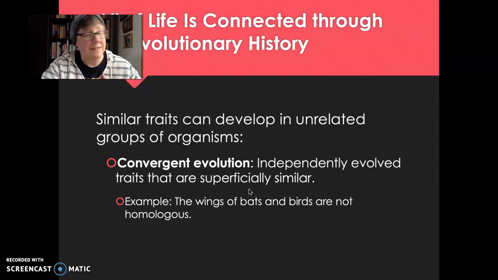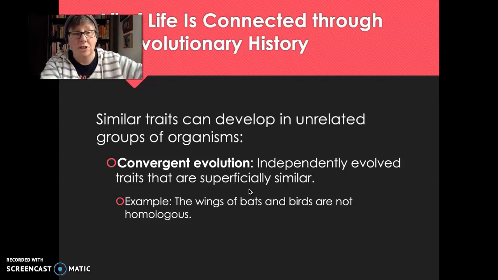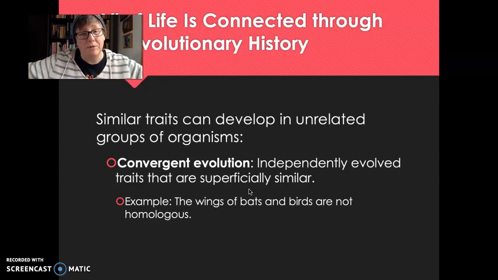That's almost always the case, but every once in a while, this group over here develops the ability to glide, to have extra skin under its arm to glide. And then this other unrelated group over here evolves the same thing because it makes sense for their environment. It increases their fitness. And so we get these two things that developed independently, even though they look similar. And that is called convergent evolution.